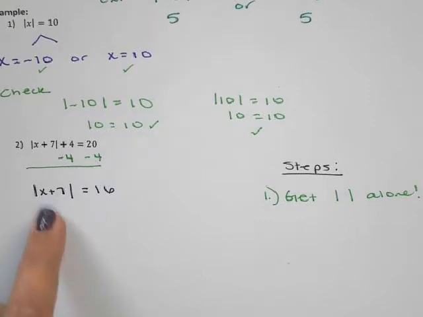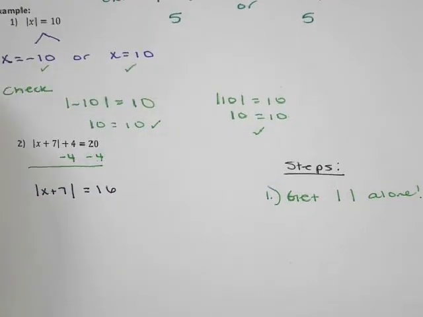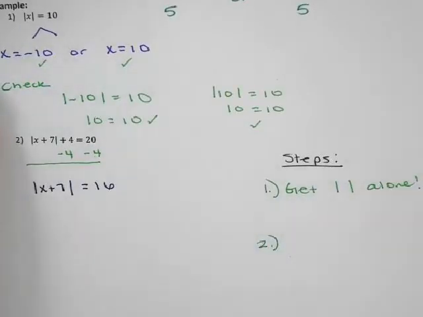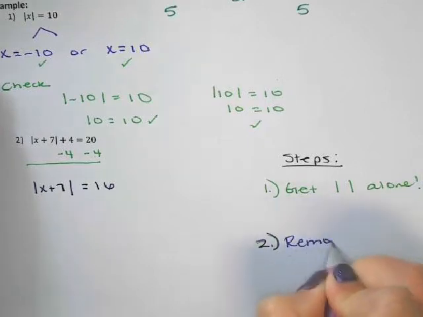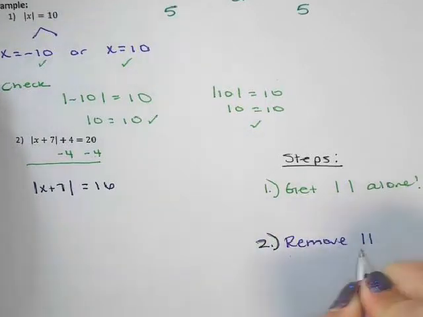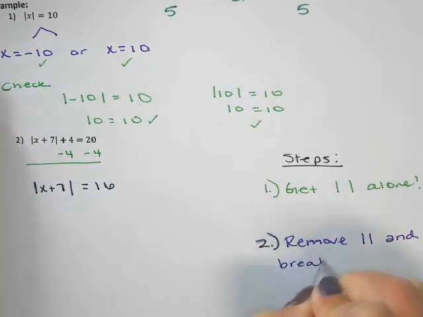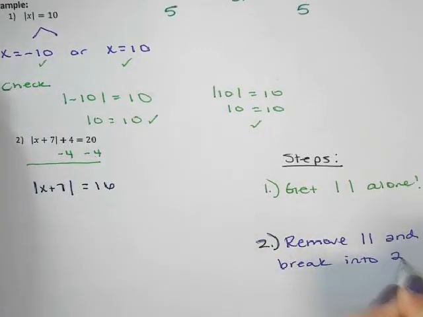So that means whatever I did right here, I'm either going to get 16 on the inside of there or negative 16 on the inside of there. So the second step is to remove the absolute value bars, and you break this into two scenarios.